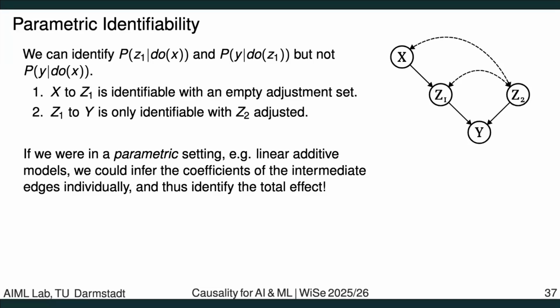If I increase x, Z1 will increase by this alpha or whatever. Once we have identified this, we set alpha and fix it there. We do the same for the second part, Z1 to y, and also get another value, let's say beta here. Then we can just chain this alpha and beta together and know the full causal effect, right?